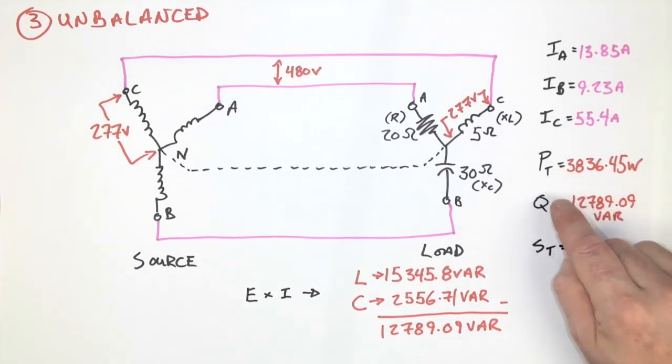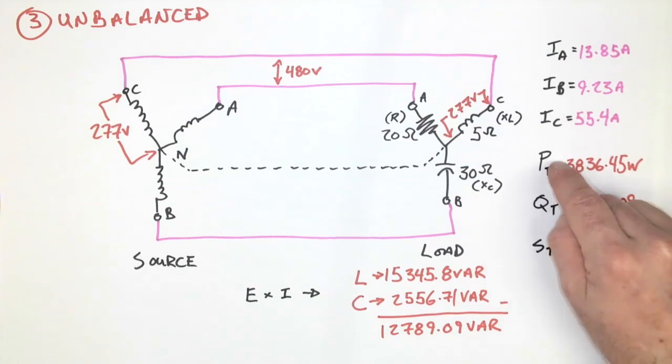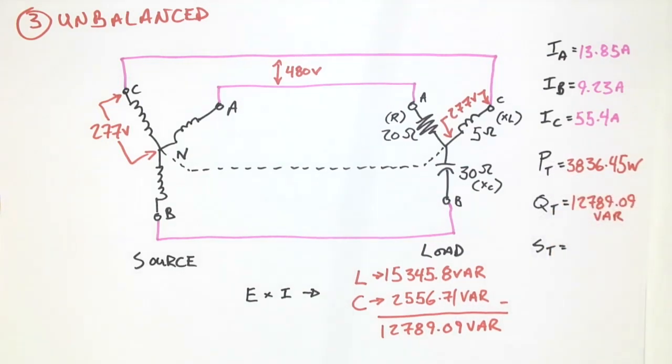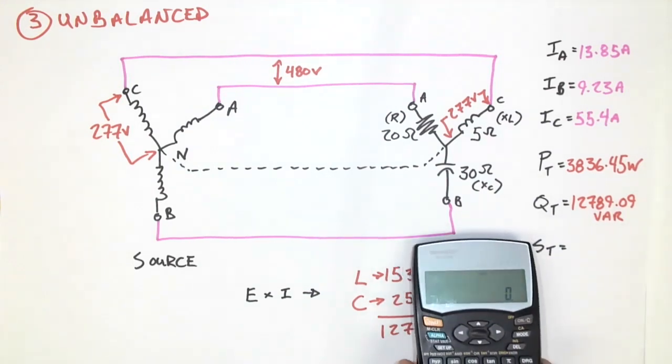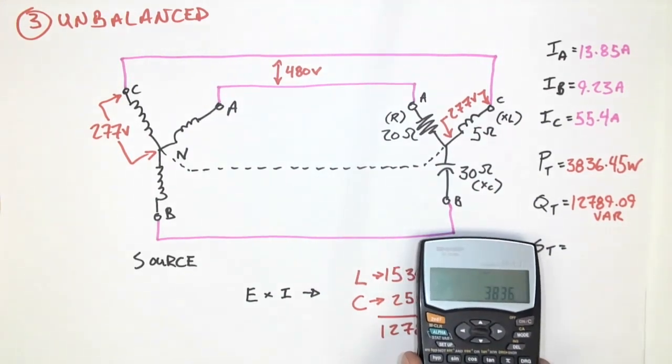Now the process for Pythagoras, I'm not going to write it all out. We know that Pythagoras is using the horizontal and the vertical in this situation here, and we are then going to determine the total VA. So I'm going to take my 3836.45 squared plus 12,789.09 squared, and square root the whole answer.